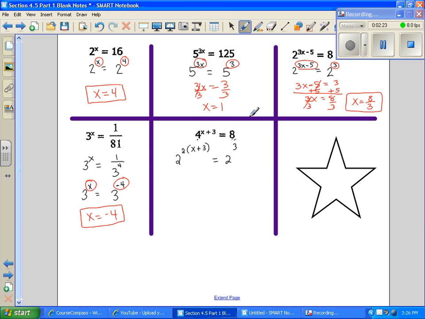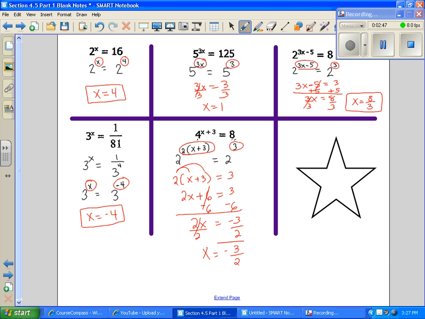Now that I have a base of 2, I can set this equal to this, so you get 2 to the x plus 3 equals 3. We want to distribute 2x plus 6 and solve. Then divide by 2, and x equals negative 3/2 for this.